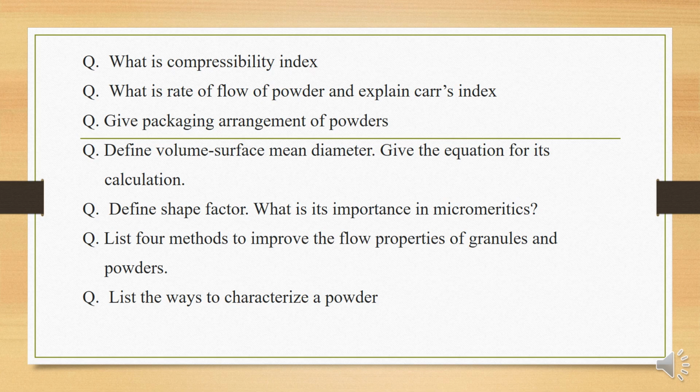Commercially, we can improve the flow property by processing our powder into granules of spherical shape, or we can choose an optimal size of the granule, maybe around 400 to 800 micrometer, or we can incorporate an optimal amount of fines, about 15%. This will also improve the flow property. And the fourth method is that we can incorporate an optimum concentration of lubricants such as magnesium stearate, talc, etc.